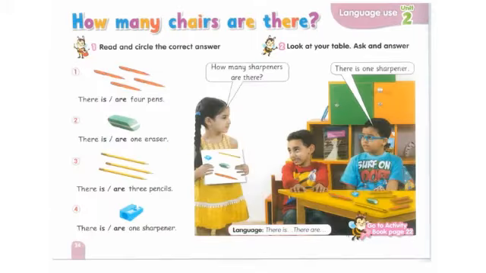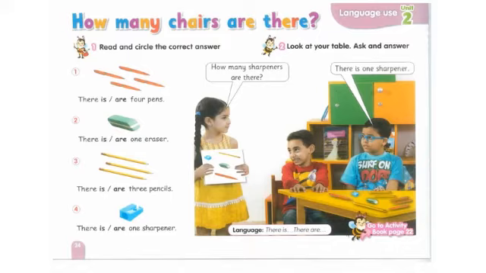Okay, next page. The first exercise here says read and circle the correct answer. Number 1, we have many pens here, right? How many pens do we have? We have 4 pens, right? Shall we say there is 4 pens or there are 4 pens?